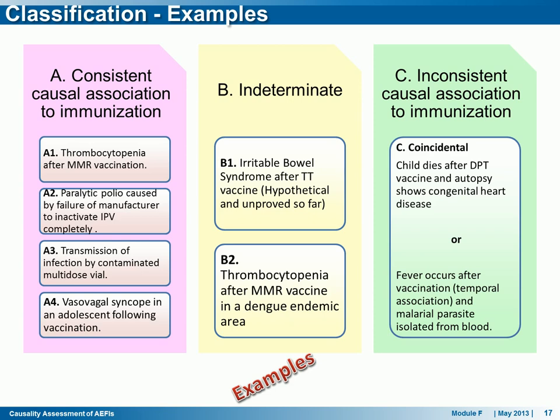If the MMR vaccine was responsible for the thrombocytopenia, we would have classified it under A1. But since dengue was endemic in that area, the thrombocytopenia would have been classified as a coincidental event. So this brings about a conflict whether we can classify it as consistent or inconsistent, and therefore we conclude that it is indeterminate under B2.